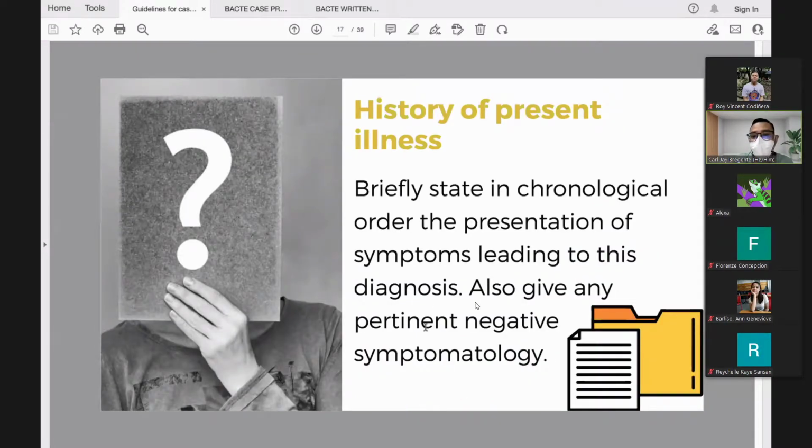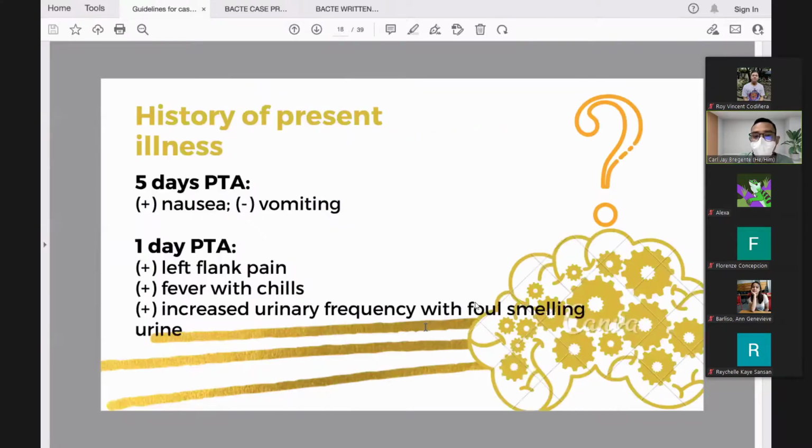For the history of the present illness on this slide, you note the order of presentation of the symptoms leading to your diagnosis. So it should be in chronological order. Also, give pertinent negative symptomatology. For example, in our case, 5 days prior to admission, the patient experienced nausea but without vomiting.